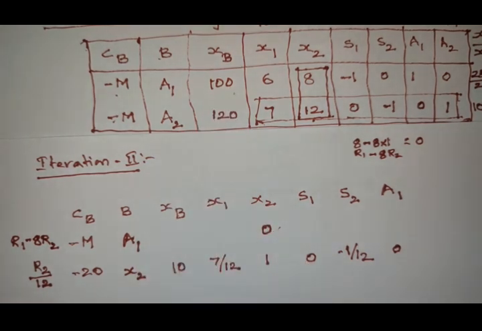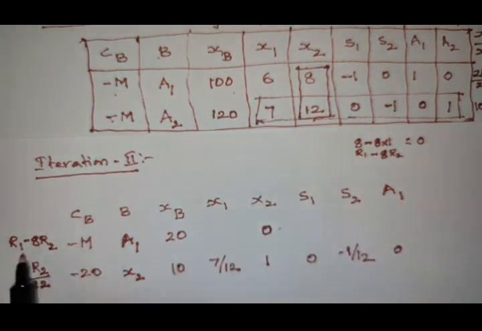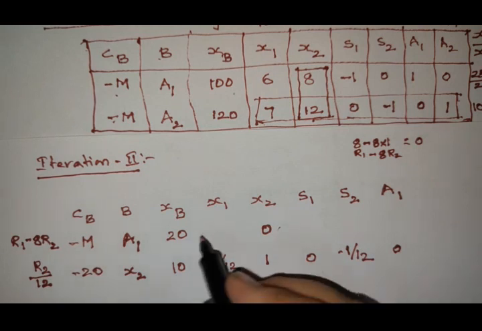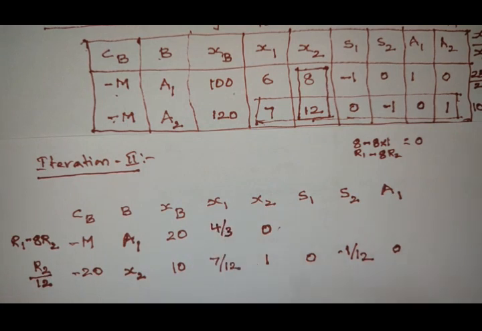100 minus 8 into 10. So 100 minus 8 into 10 means 80. So then here we will get 20. Next, 6 minus 8 into 7 by 12. So 6 minus 8 into 7 by 12, how much will you get? You will get 4 by 3.